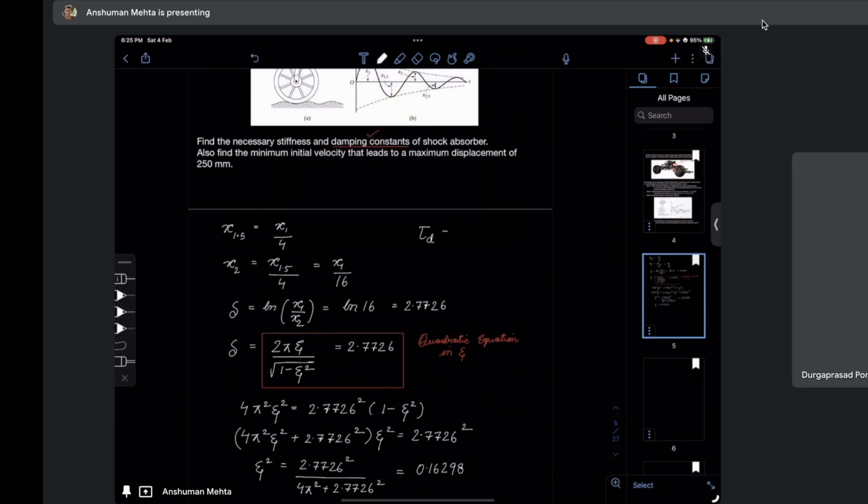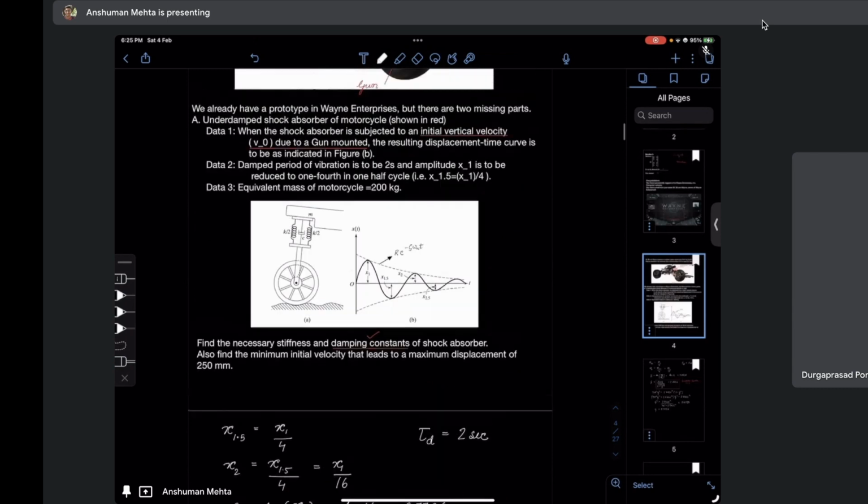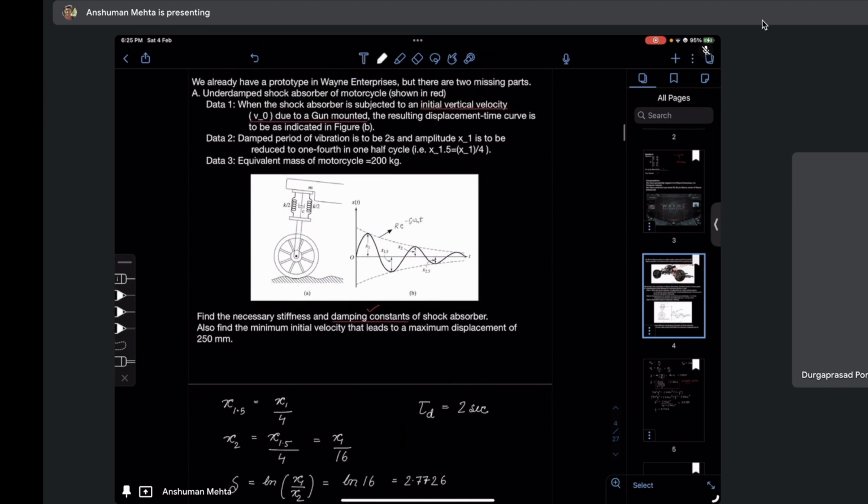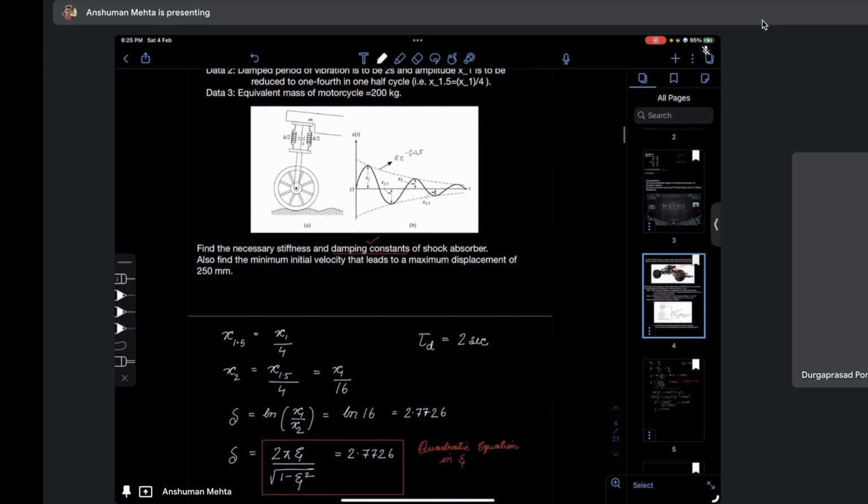Another data which is given is the damped period of vibration is 2 seconds. Damped period means from x1 to x2, which is related to omega d, because tau d, the damped time, is equal to 2 pi by omega d.